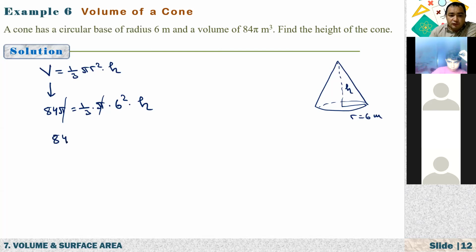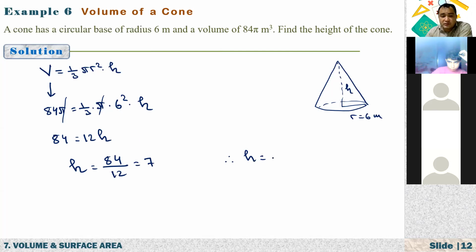From here, 84 equals, if you simplify the right-hand side, 6 squared is 36, 36/3 is equal to 12, so 12h. Now from here, what is h? 84/12, which is equal to 7 meters. Because the answer is in meters, the height of this circular cone is 7 meters.